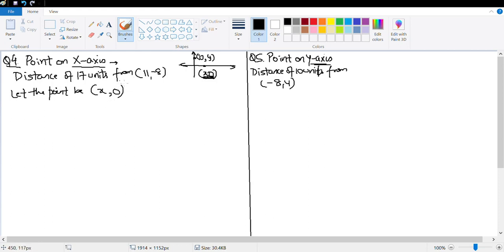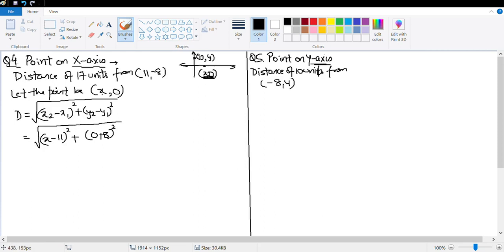We need to find the coordinate of the point which is at a distance of 17 units. So again, distance is equal to the square root of x2 minus x1 whole square plus y2 minus y1 whole square. In this case, x2 is x minus 11 whole square plus y2 is 0 minus of negative 8, that's plus 8 whole square, and the distance is given equal to 17 units. Like I said, I always prefer to keep my x as the first term, so I always subtract from x.